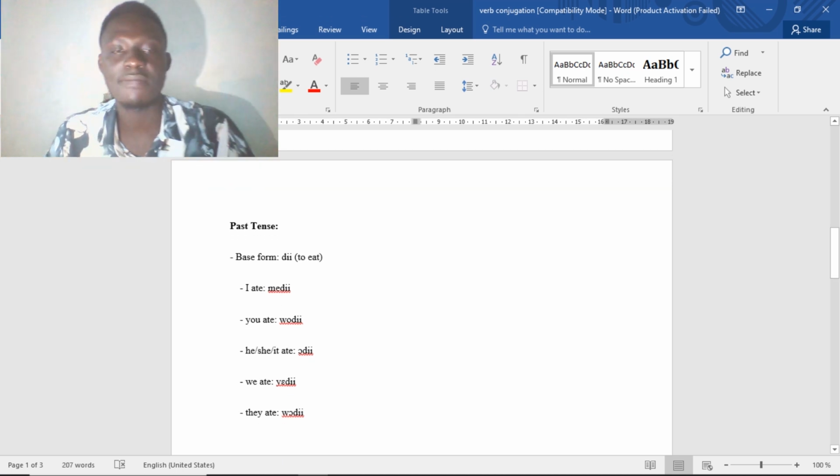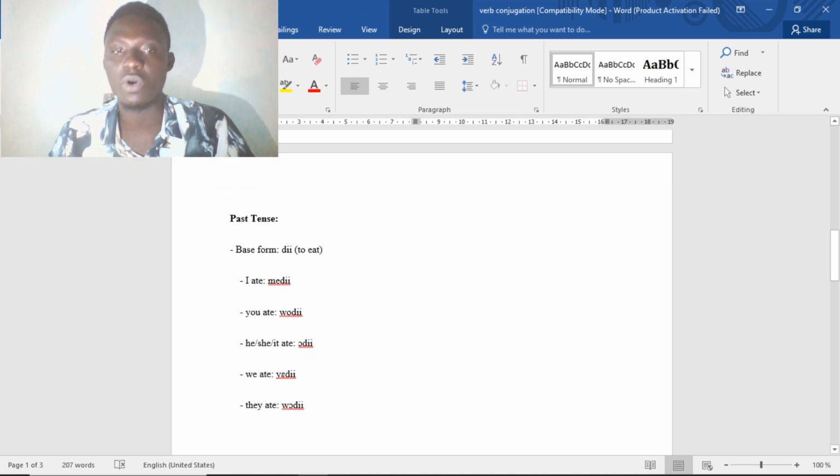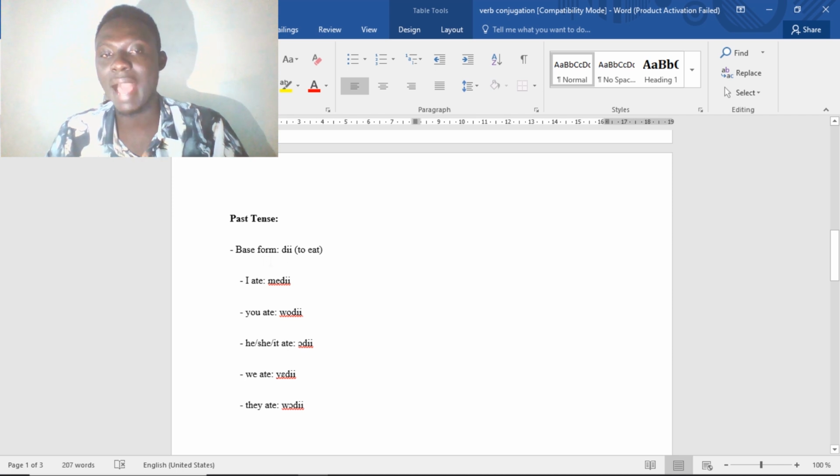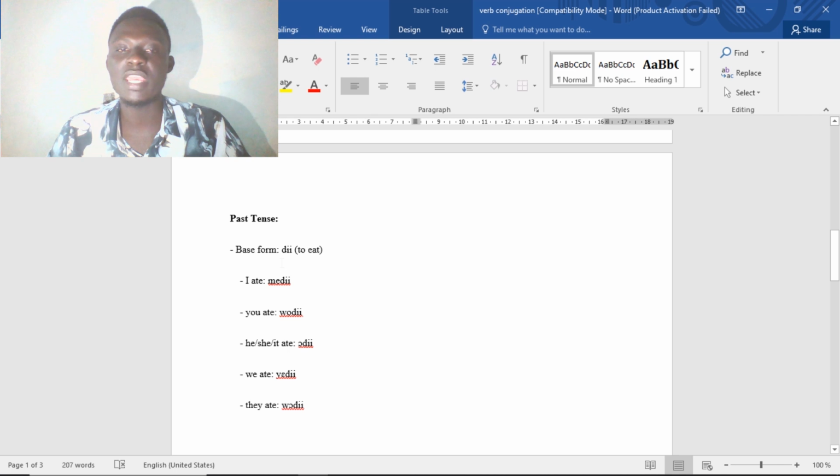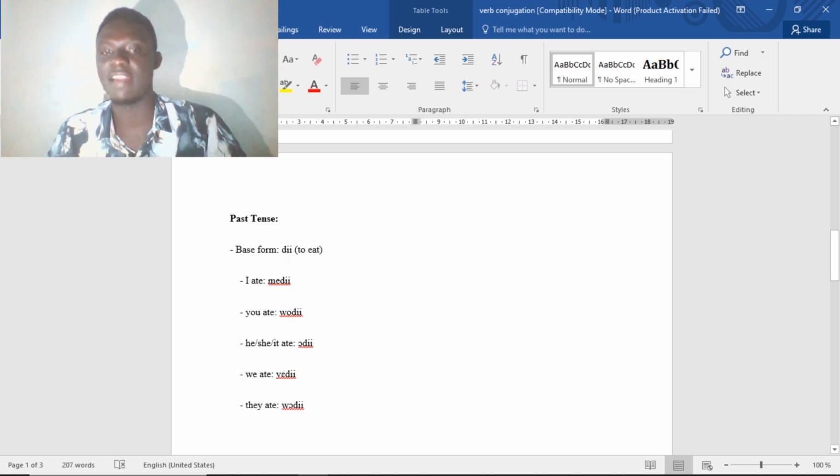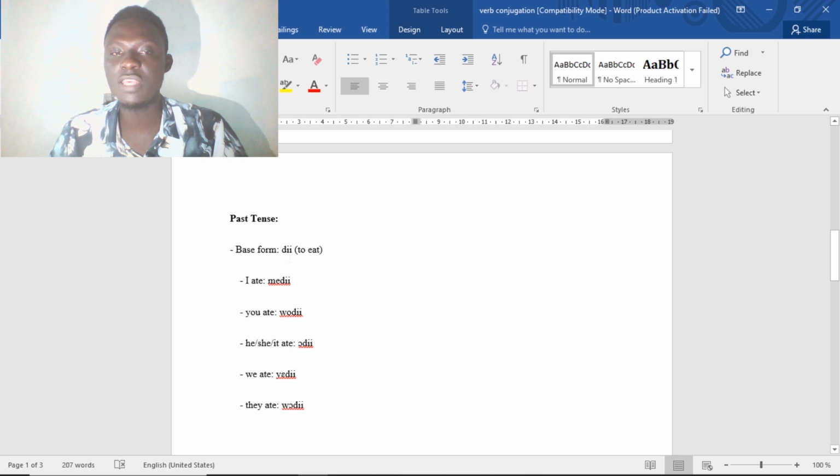Let's look at how the past form of the verbs goes. One thing we should take note of is that when it's moving into the past form, we double the last letter, which is mostly a vowel. So here we have i, and it's a vowel, so we double the last letter.